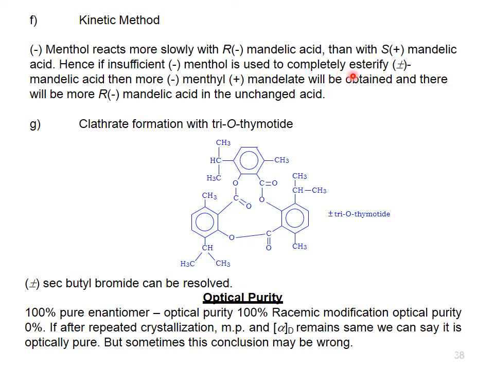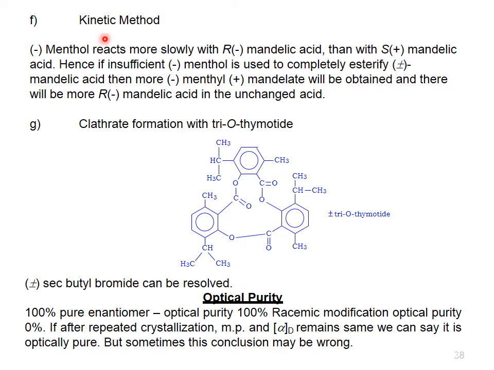When we react mandelic acid with menthol, R mandelic acid reacts very slowly compared to S plus mandelic acid. Hence, if insufficient menthol is used to completely esterify plus mandelic acid, then more menthol plus mandelate will be obtained and there will be more R mandelic acid in the unchanged acid.